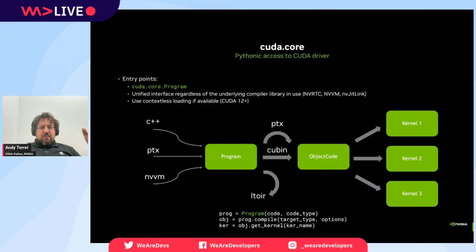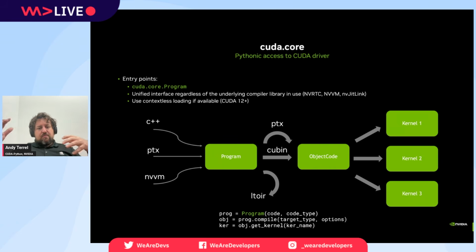And as I mentioned, when you're working with Python, you're also JITting a lot of code. So we also provide some Pythonic access to the compiler, the runtime compiler objects. And so we might have the program, and like I've been alluding, we've been using C++ on a lot of these things, PTX, which is our low-level interface, but also things like NVVM, which is an LLVM IR layer specifically for NVIDIA devices.